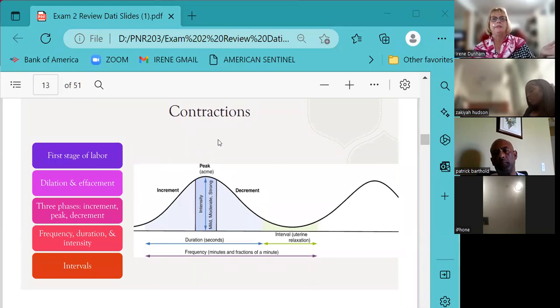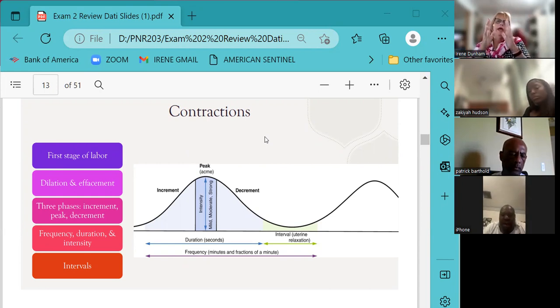So you had a heart rate of, say, 120, and he's going right along, and then mom has a contraction, and you notice a deceleration of the fetal heart rate. It starts after the contraction. So write that down: late decelerations start after the contraction.